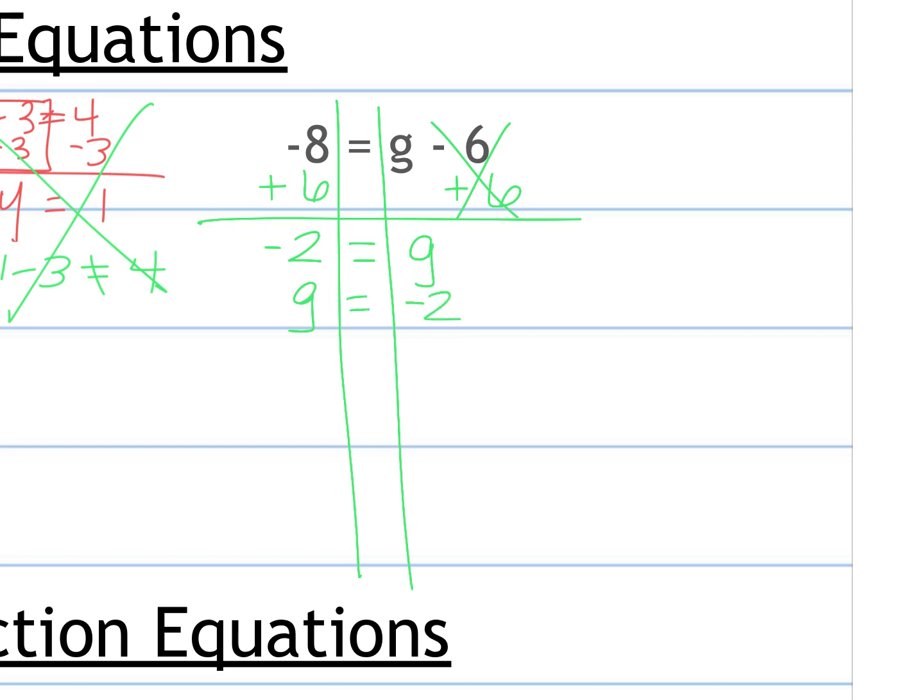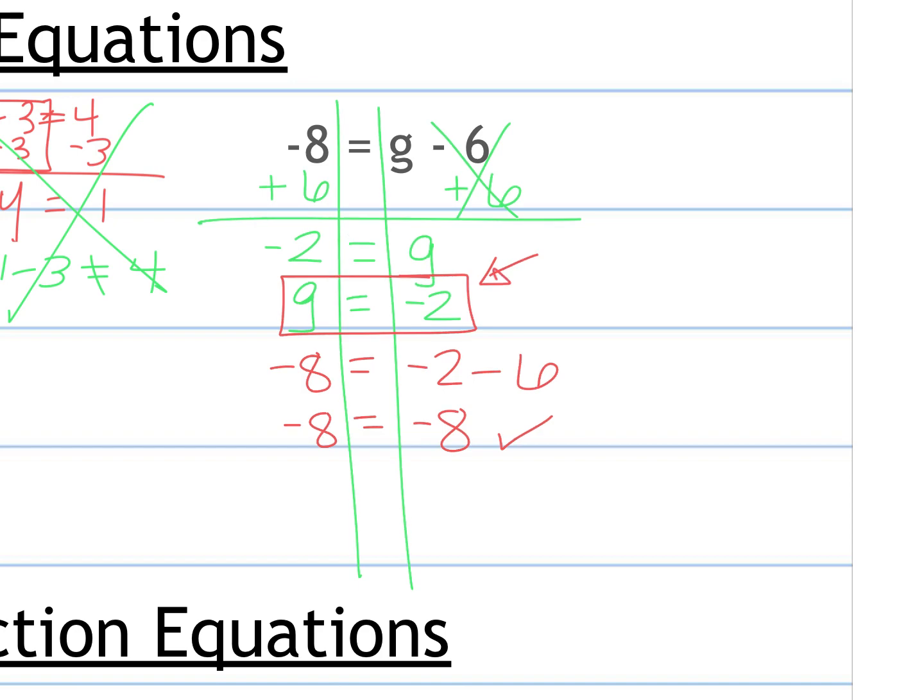And now I'm going to enter in what I think is the answer, which is -2, into the original equation, and I do know that -2 minus 6 does equal -8, so that checks, and therefore then I can circle it.